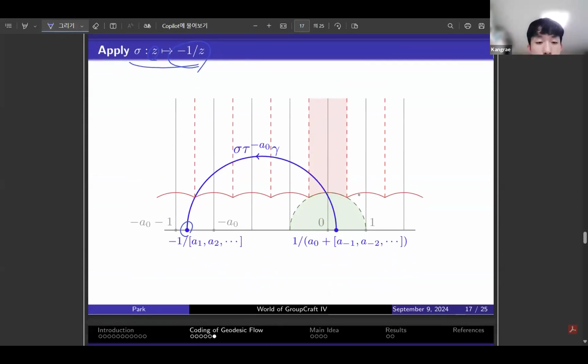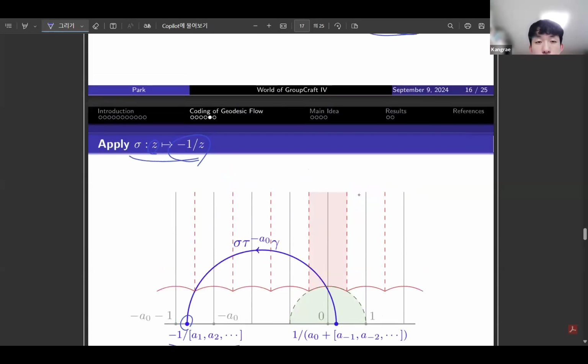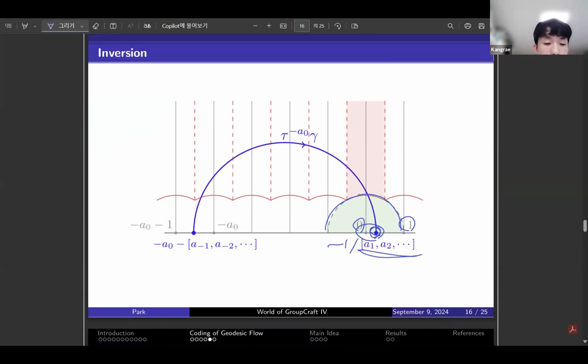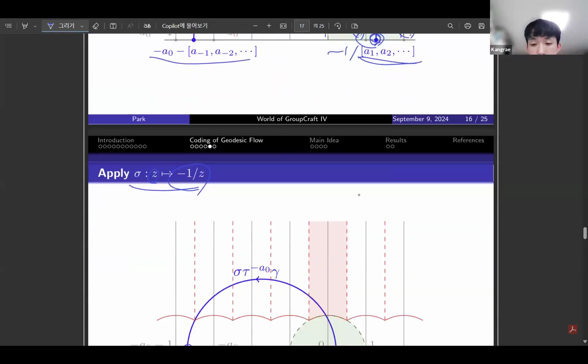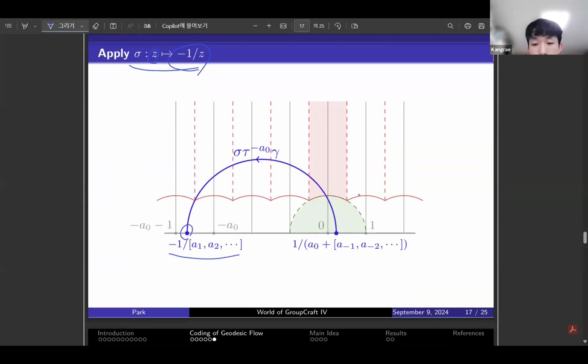And if we look at the initial point, negative a_0 minus continued fraction [a_{-1}, a_{-2}, and so on], and we take sigma here, then this coordinate becomes 1 over a_0 plus continued fraction [a_{-1}, a_{-2}, and so on].